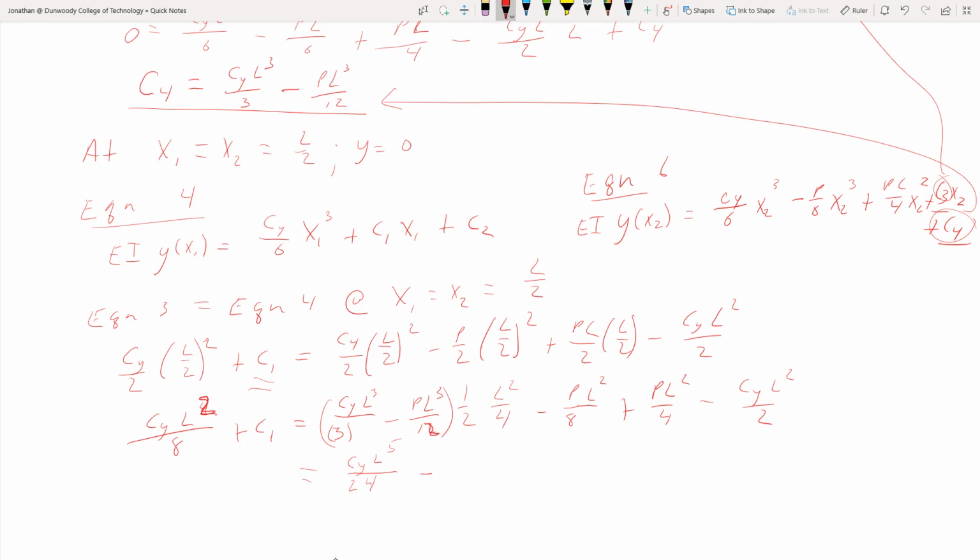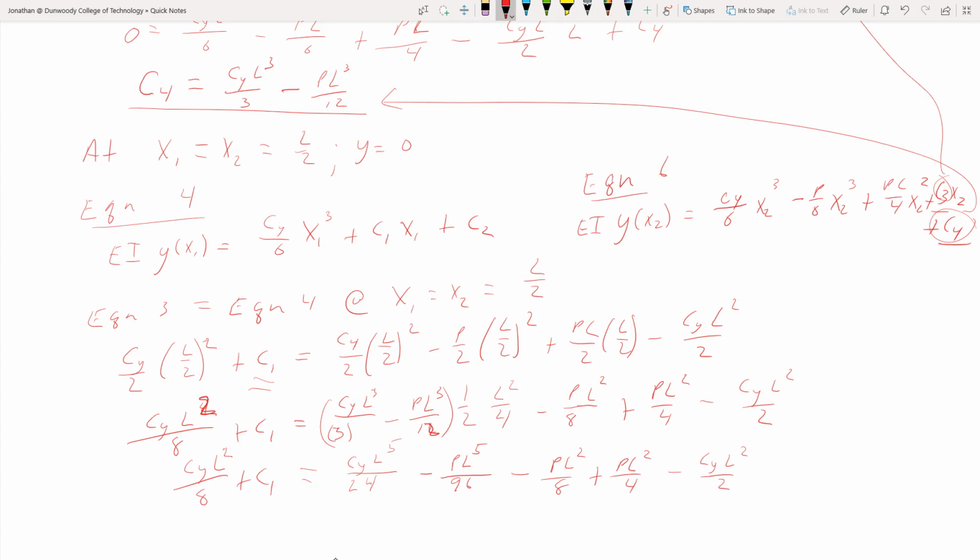Minus PL to the 5th over 12 times 2, 24, 96 minus PL squared over 8 plus PL squared over 4 minus CyL squared over 2. So let's see, we've got PL to the 5th. Oh, and this is on the other side we had CyL squared over 8 plus C1.